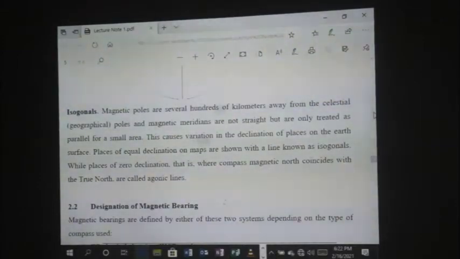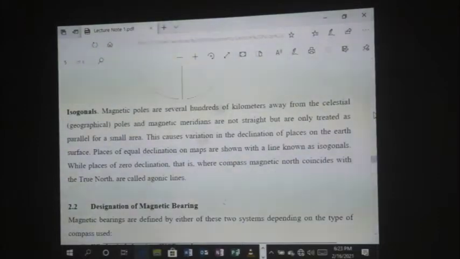after you have planes of equal height, we call it contour lines. Likewise, when you have places on Earth's surface and you draw a map showing declination of places, we have a map that shows places of equal declination. When we join them on maps, the line joining places of equal declination is what we call isogonals.